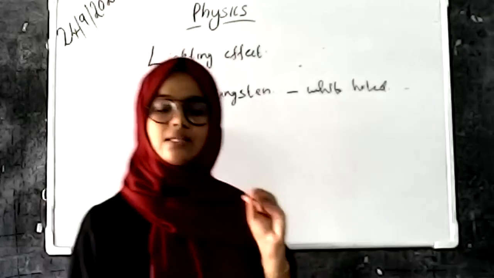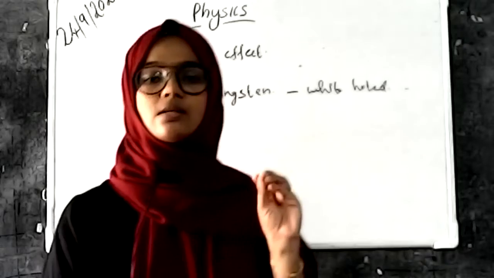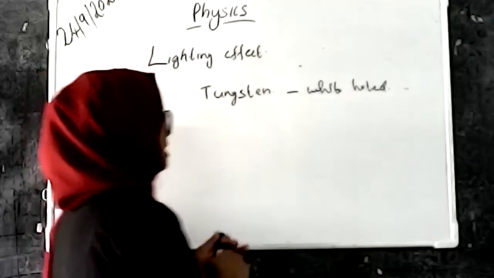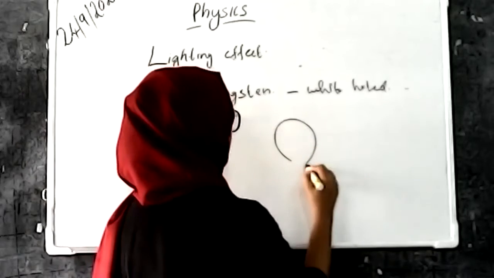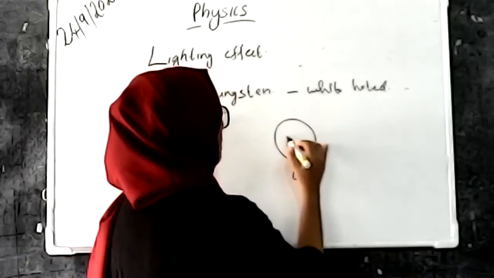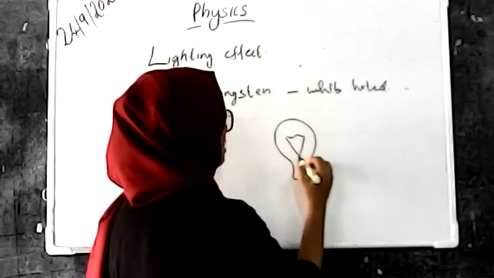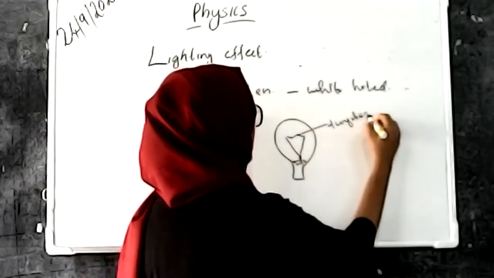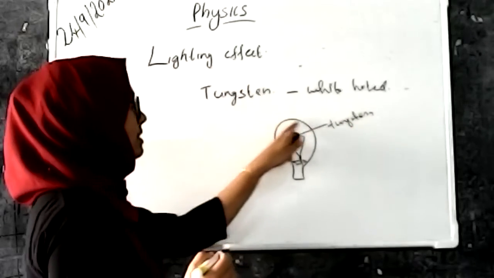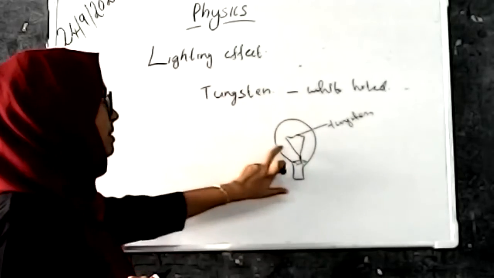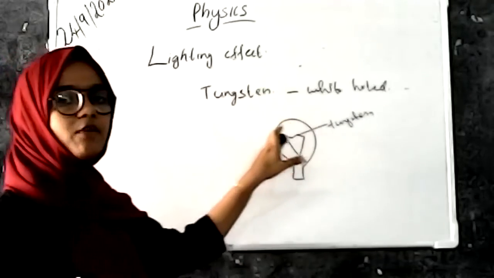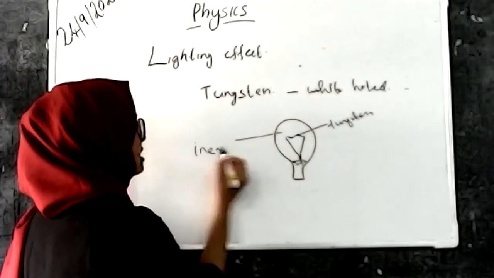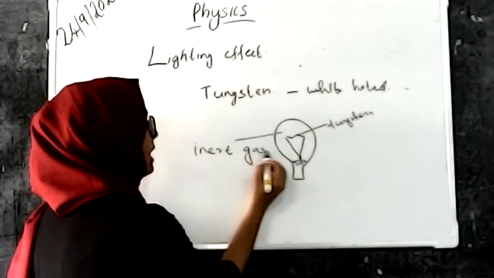Also, in incandescent lamps there is always a gas filled. Inside the glass shell there is an inert gas.